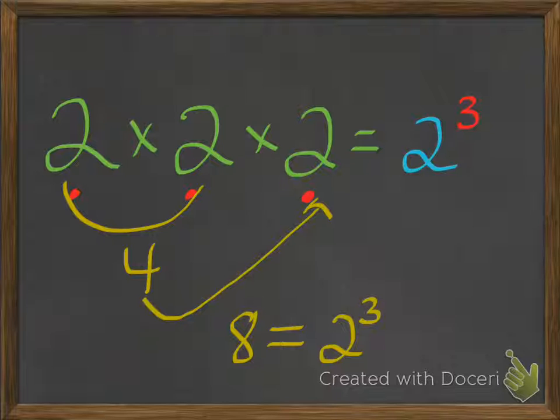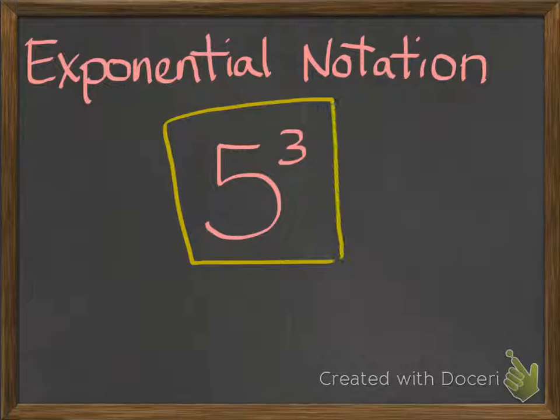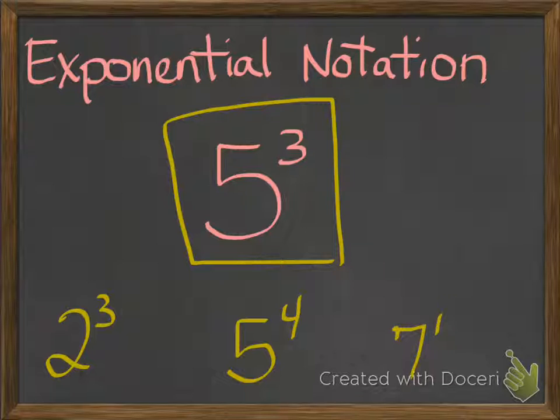Just like when we learned numbers and we learned how to write standard form and expanded form and written form, exponents, numbers like this, have that as well. Okay, so our exponential notation, it's a special word, is written like this. Okay, so 2 to the 3rd, or 5 to the 4th power, or 7 to the 11th power.